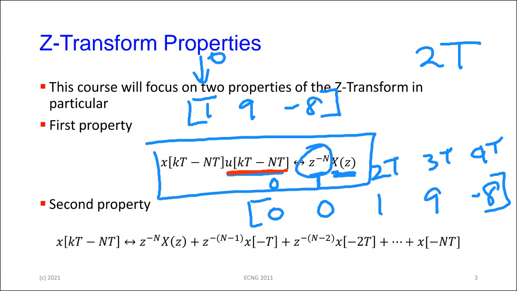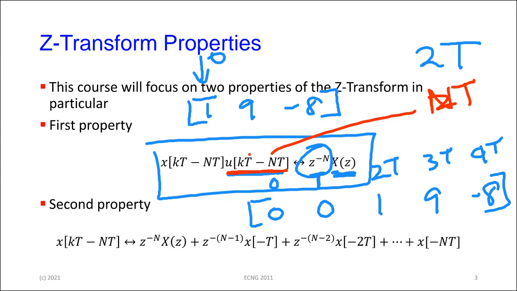In other words, a shift to the left or a shift to the right? To the right. Good. So this now is a discrete time unit step that has also been delayed by some value NT.